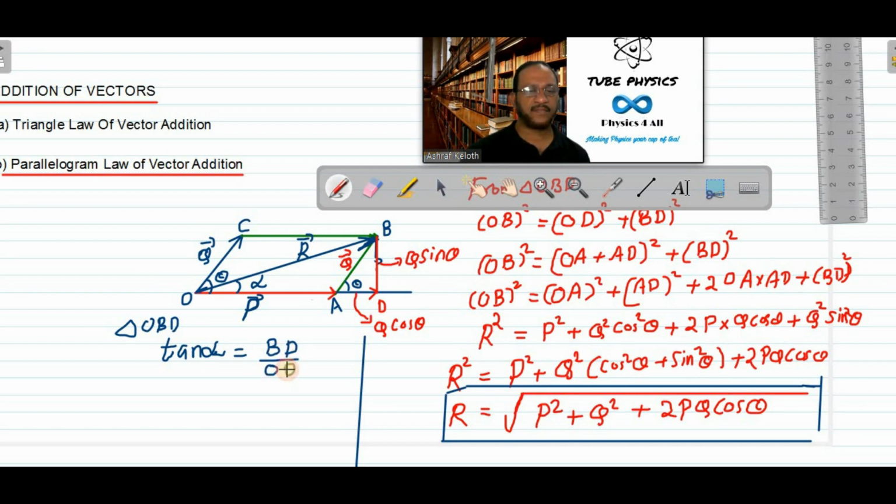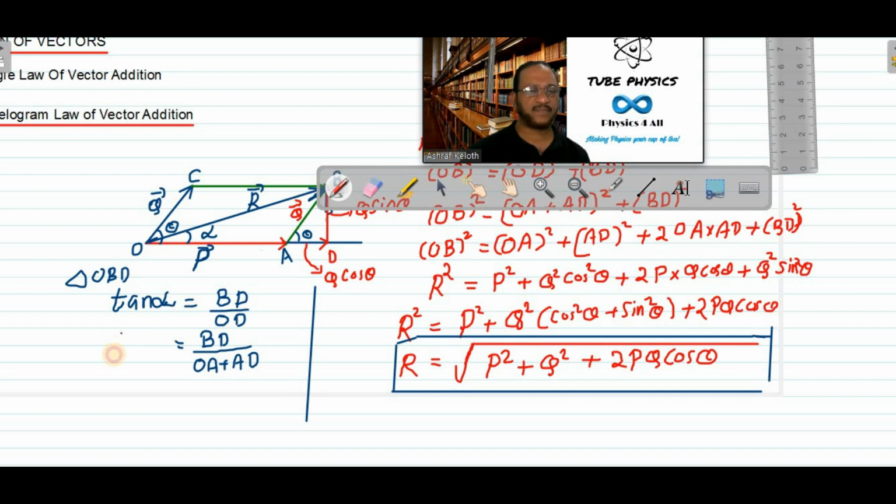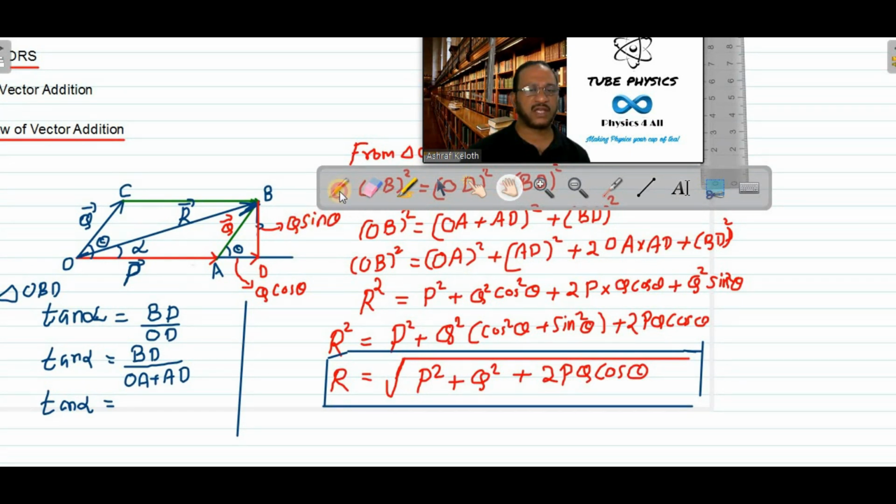OD is equal to OA plus AD. Now if you substitute the values, what is BD in the figure? BD is Q sin theta. So instead of BD we can substitute Q sin theta.